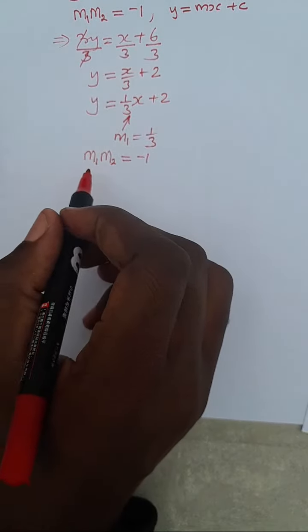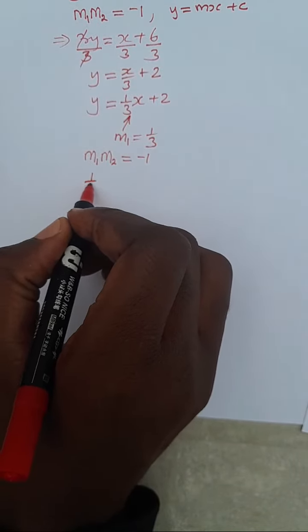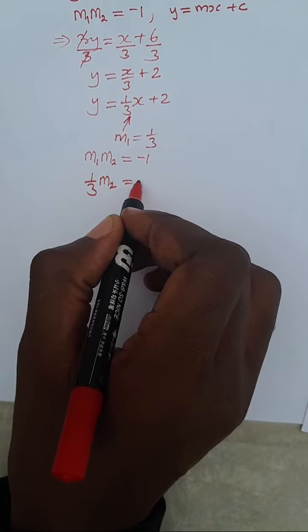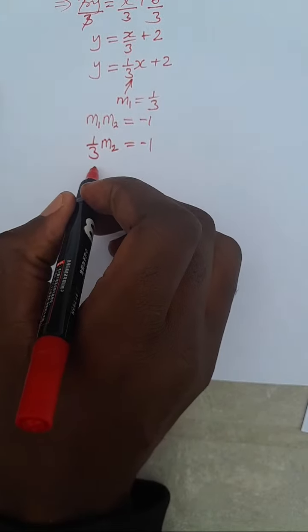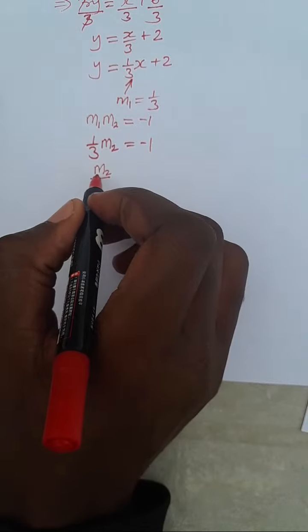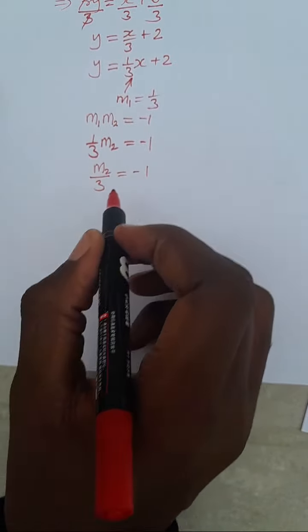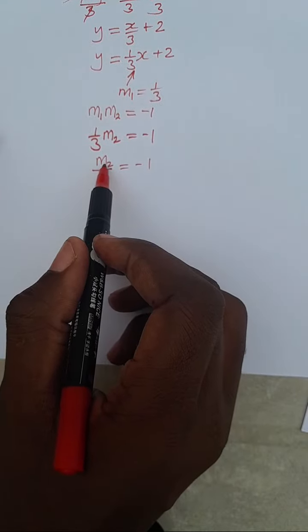Where there is m1, we put 1 over 3, then times m2 is equal to -1. This is the same as m2 over 3 is equal to -1.